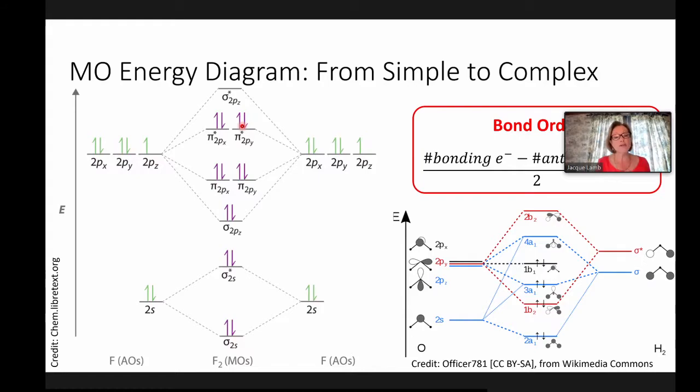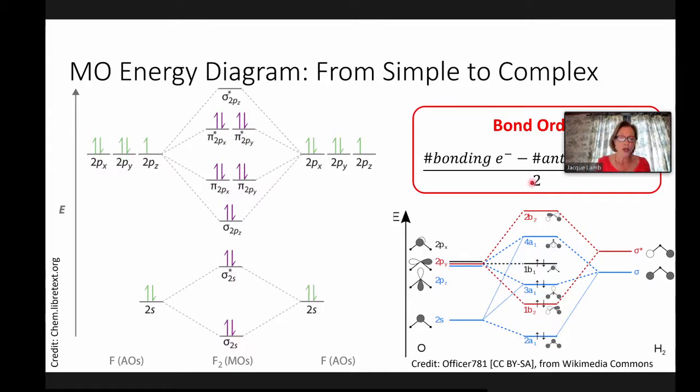And the interesting thing about this particular model is that you can end up with bond orders of 1.5 or 2.5 or 1/2. And you do that because the bond order is: you take the number of electrons in the bonding molecular orbitals, subtract that from the number of electrons in the anti-bonding molecular orbitals, and divide the answer by 2.